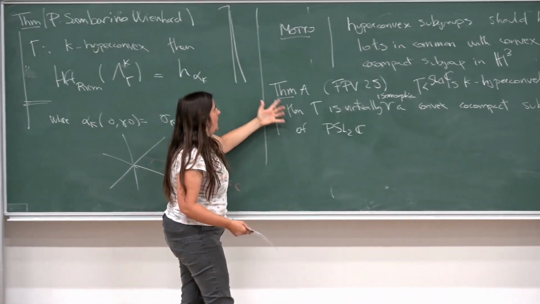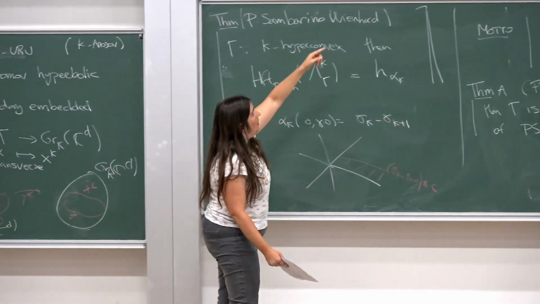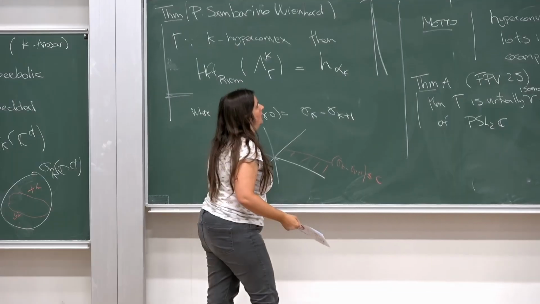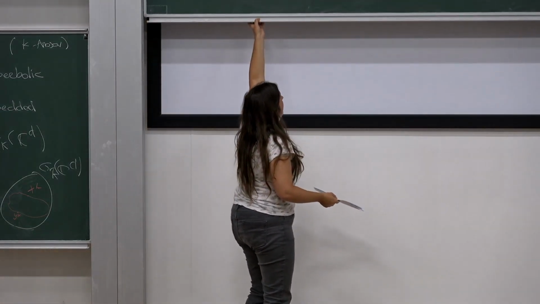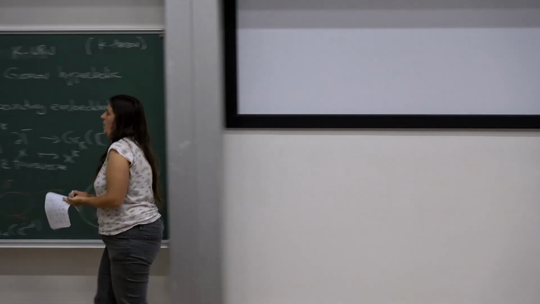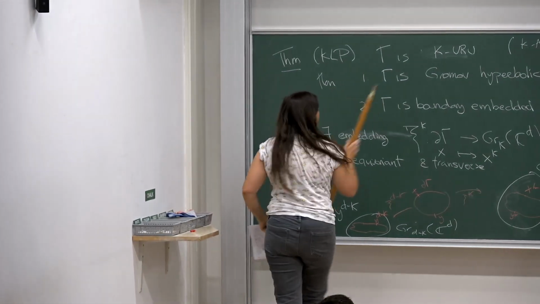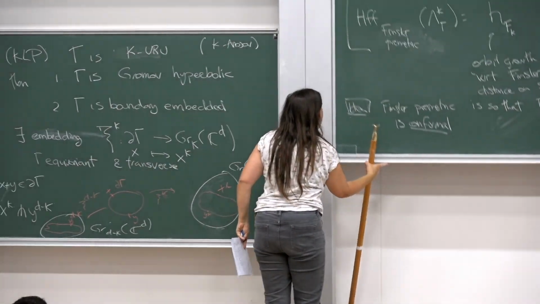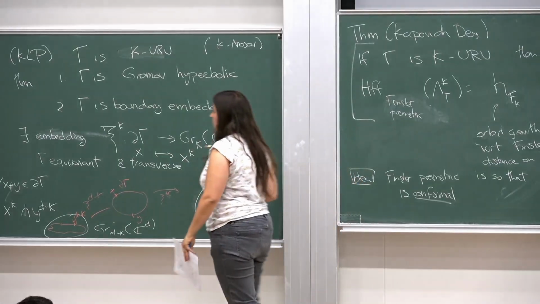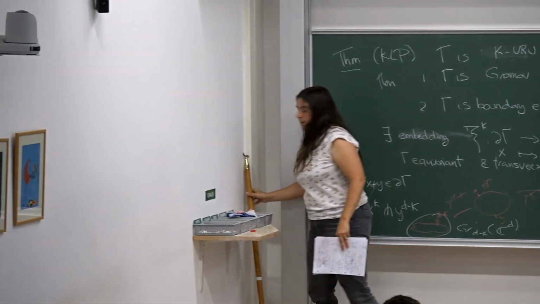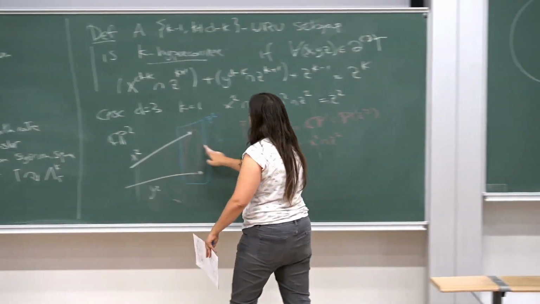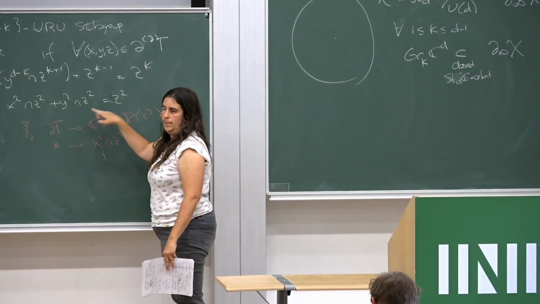And the idea here is that one reason behind this is that we know from this construction up here that if gamma is hyperconvex, then its boundary is planar. Like I have this embedding in CP1.